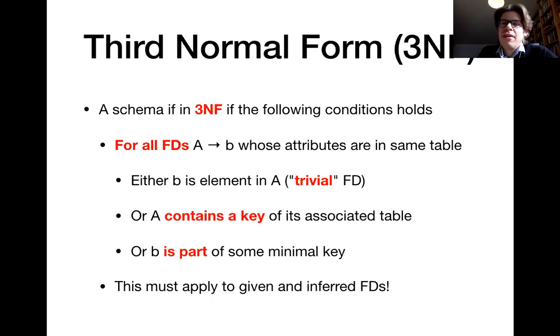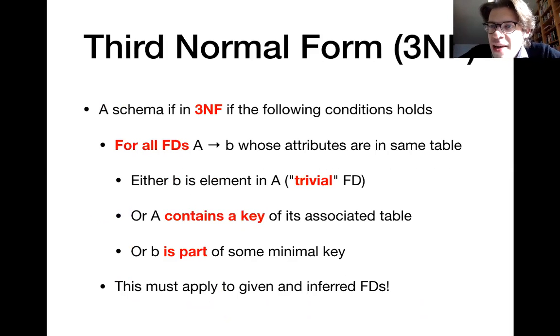We have seen a slightly more permissive normal form, which is the third normal form. It is slightly more permissive compared to Boyce-Codd normal form because here we allow one additional case, the third one on this slide. We also consider a functional dependency okay if the right-hand side is part of some minimal key of that relation.